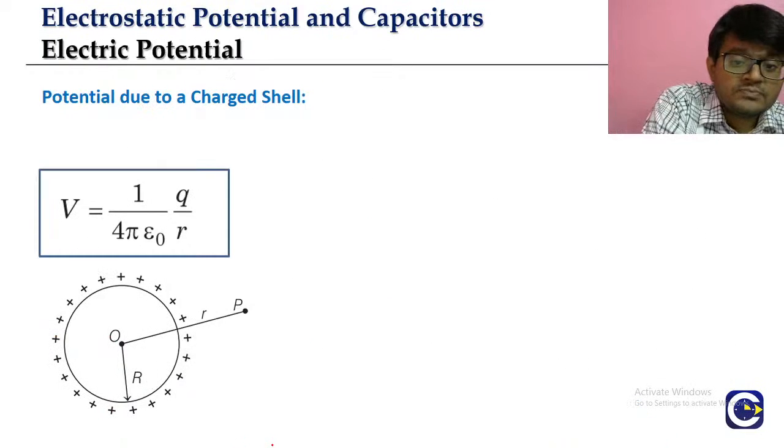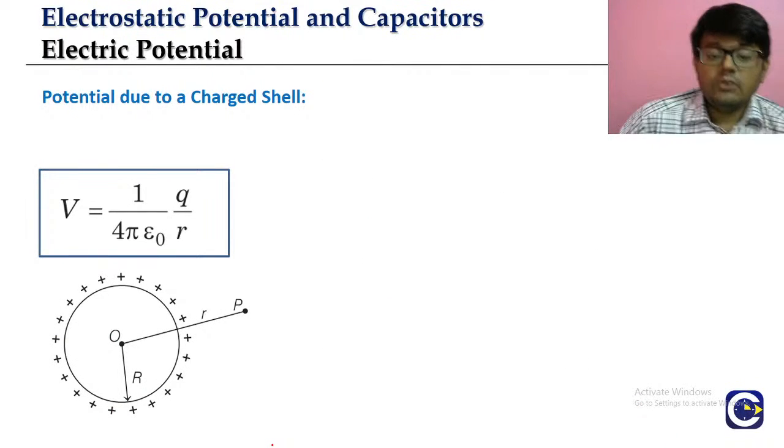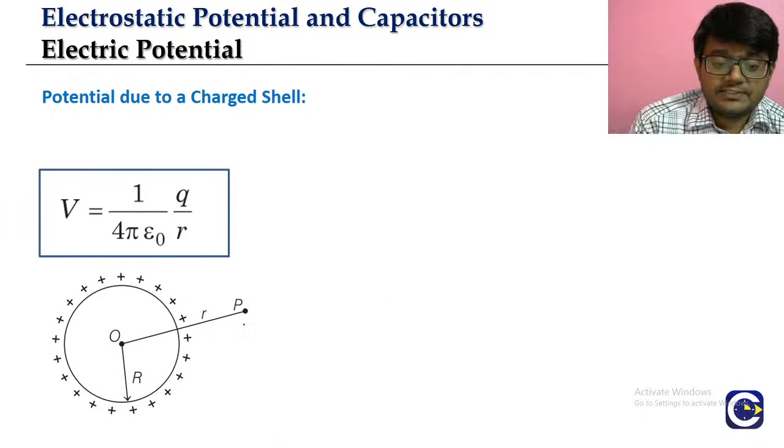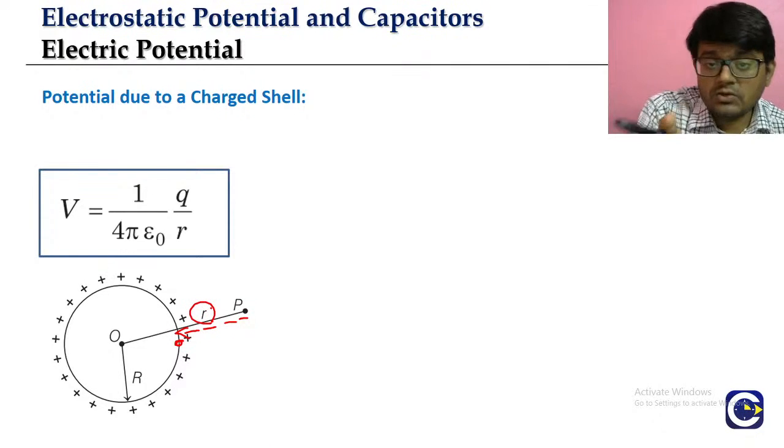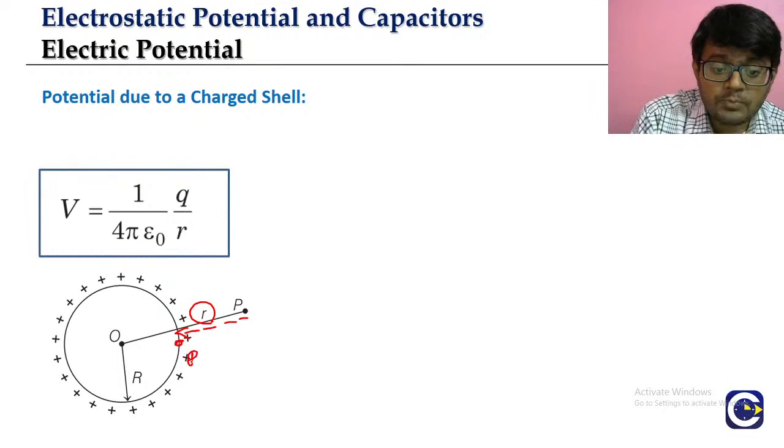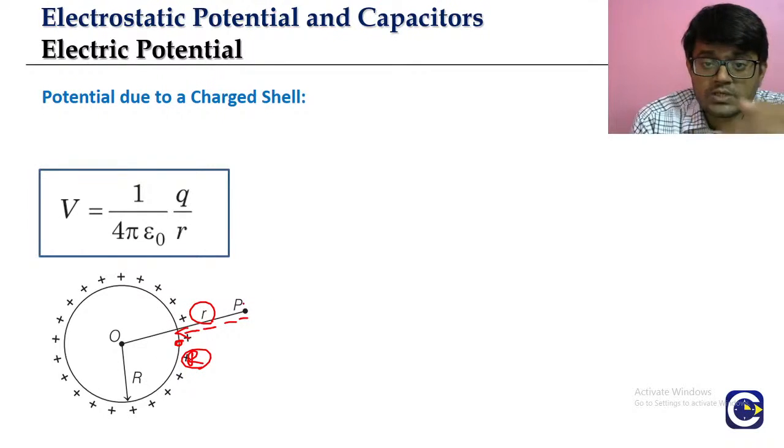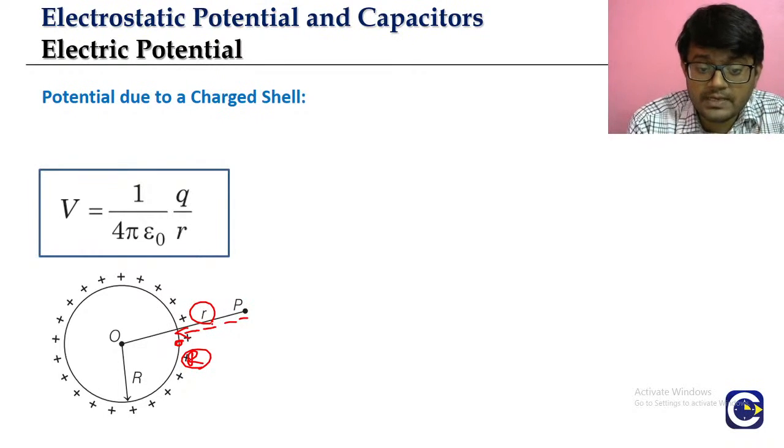Okay. After this, if you want to look at a point on the surface, the smaller r is the distance of the point from the center of the shell, right? If you keep bringing the point closer and closer to the surface, what is going to happen?